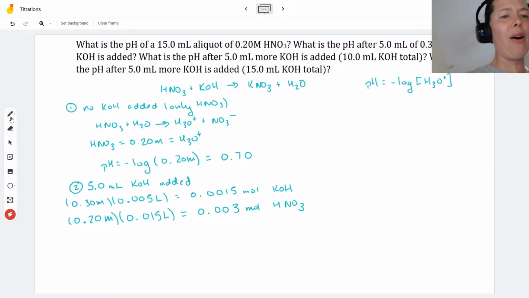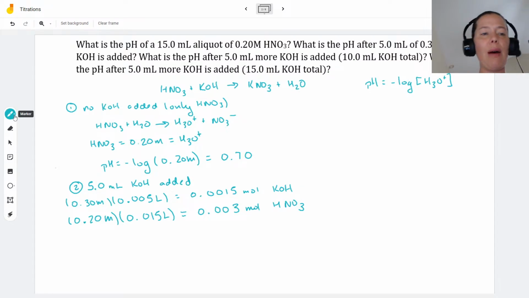And I'll show you how I like to set these problems up. You can set it up as a traditional stoichiometry problem where you start with your limiting reactant, then you predict how much is used. But I use something very similar to the ICE table for equilibrium problems. So I'm going to rewrite my equation here.